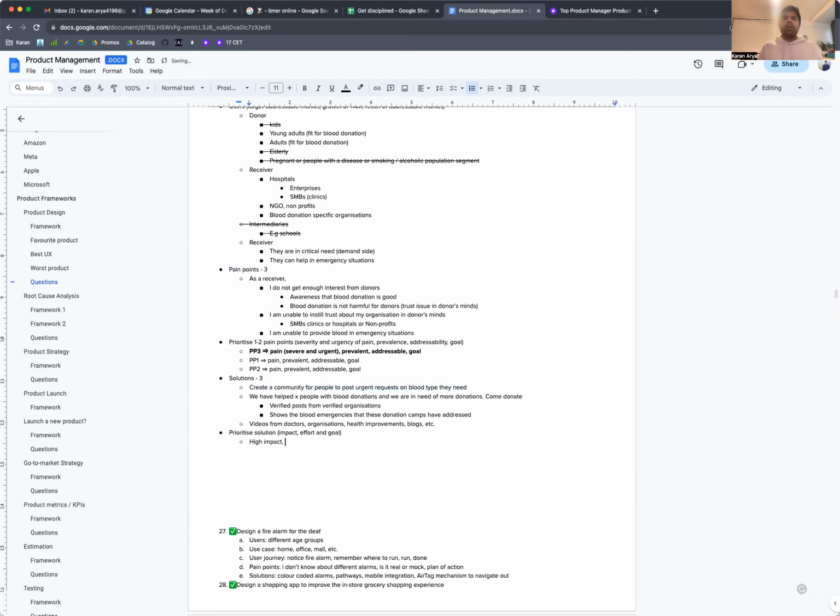High impact, effort would be low because just creating a community and posting urgent requests and ensuring that the organization is able to respond to all of the requests and even broadcast these requests to other communities, even other organizations, and even other P2P communities. I think this is going to be extremely crucial, but not necessarily high effort. And it definitely helps achieve the goal because the engagement is increasing.